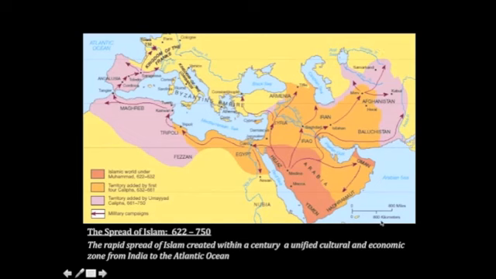With the Umayyad Caliphate of 661 to 750, there's a huge expansion of territory. Damascus is the capital, and here you can see the spread of Islam during the Umayyad Caliphate. Here's the Byzantine Empire up here, and the Umayyad.